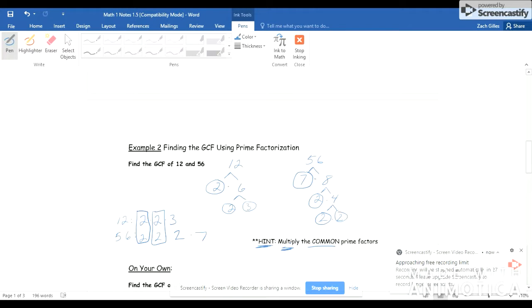So multiplying my common factors, 2 times 2 would give me a total of 4. So the GCF of 12 and 56 would equal 4. This method isn't as common, but it's more helpful with larger numbers.